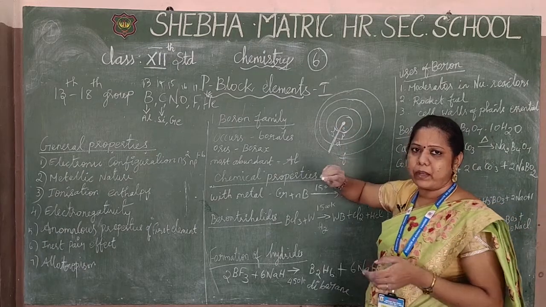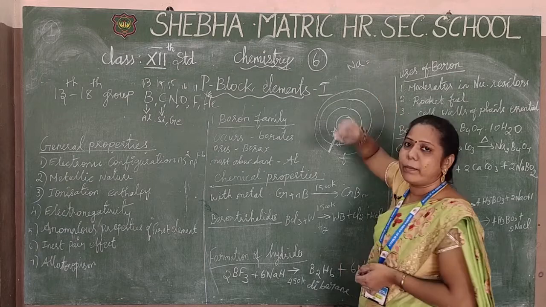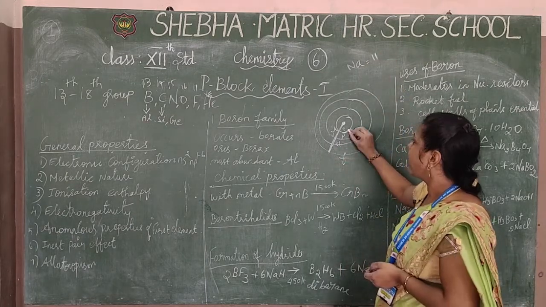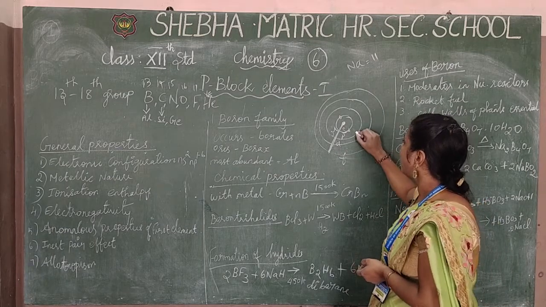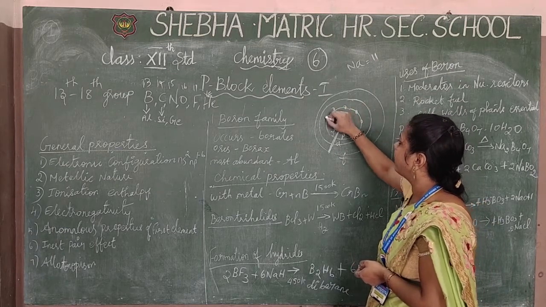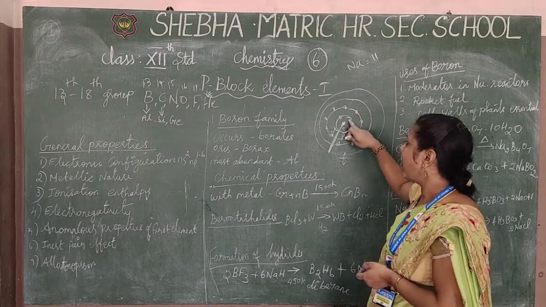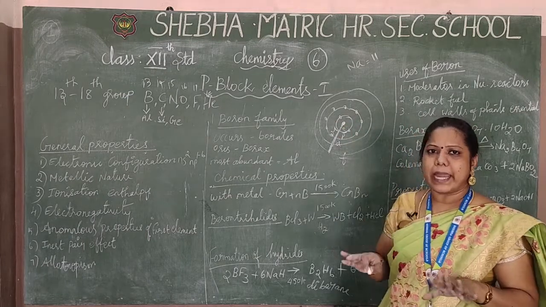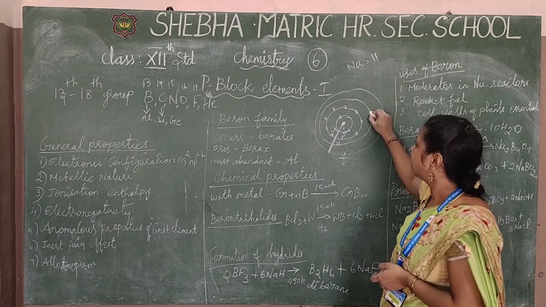For example, sodium. How many is the atomic number? It is 11. The first orbit is filled with 2 electrons, and the second with 8. So 2 plus 8 is 10. Sodium is 11, so the third orbit has 1.